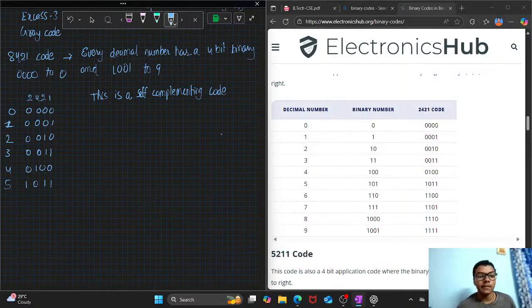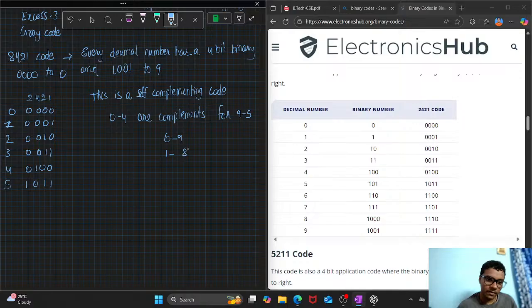Okay, I see. So that means 0 to 4 are complements for 9 to 5. That means 0 is the complement of 9, 1 is the complement of 8, 2 is the complement of 7, 3 is the complement of 6, and 4 is the complement of 5. So these two should be complements. That means the inversion. 0, 1, 0, 1, 0, 1.